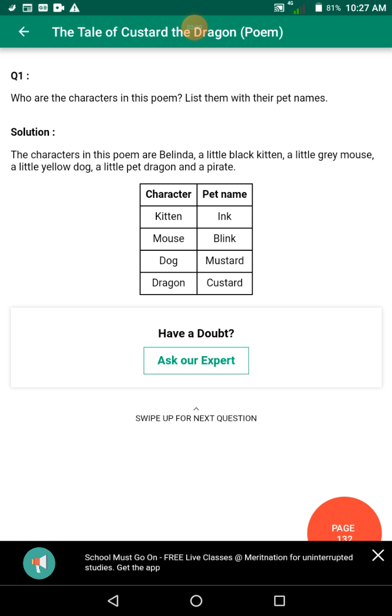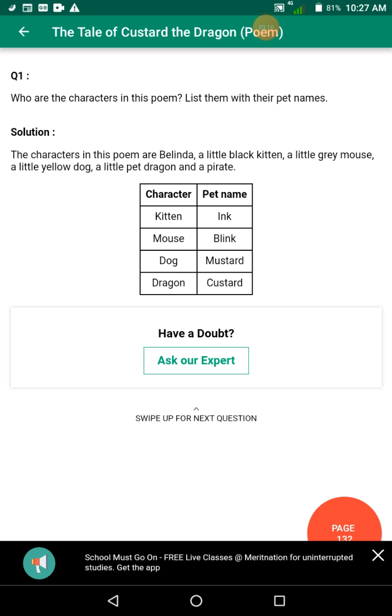I'll repeat. The characters in the poem are Belinda, a little black kitten, a little grey mouse, a little yellow dog, a little pet dragon, and a pirate. So there will be no change in the names of Belinda and who?